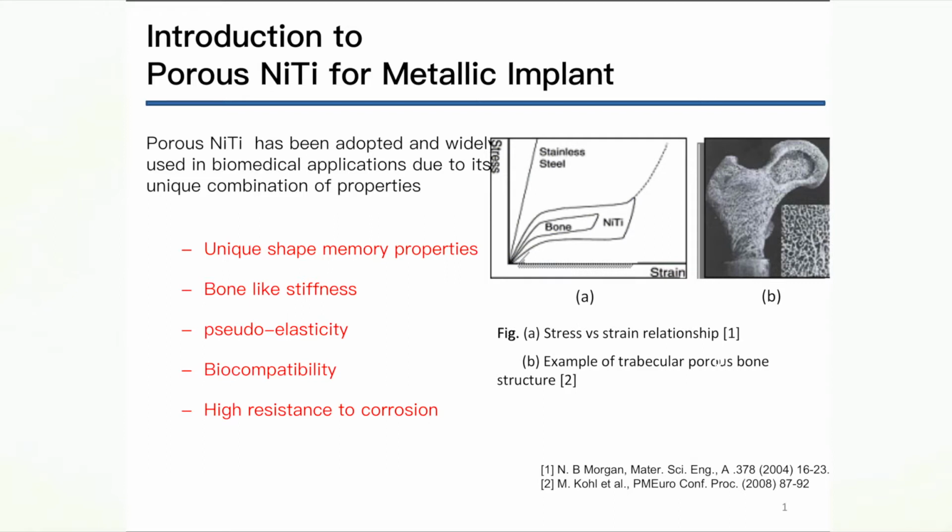The porous structures developed during the sintering process exhibit good properties for bone implant applications. Besides that, the mechanical properties can reduce the mismatch between the bone and the implant.